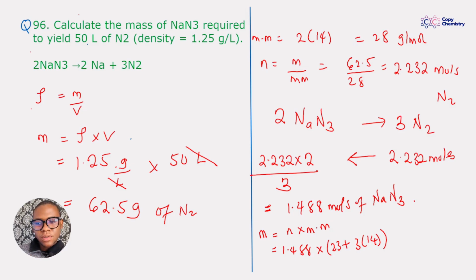So when you calculate all that, you should have 96.72 grams, and that serves as the mass of NaN3 required to yield 50 liters of N2. Okay.